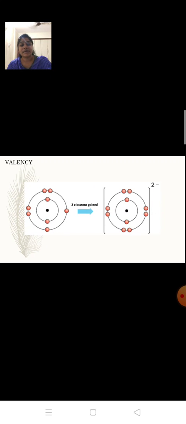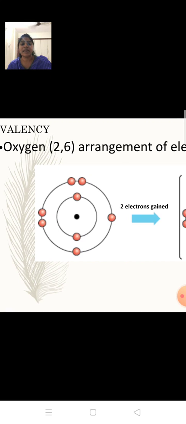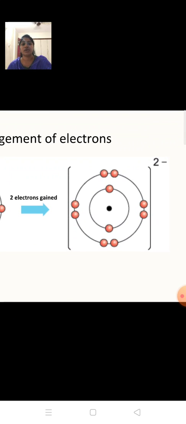Another example is oxygen. In oxygen the electron arrangement is 2, 6. The inner shell has 2 electrons and the outermost shell has 6 electrons. For 8 electrons, oxygen needs 2 more, so it will accept 2 electrons.